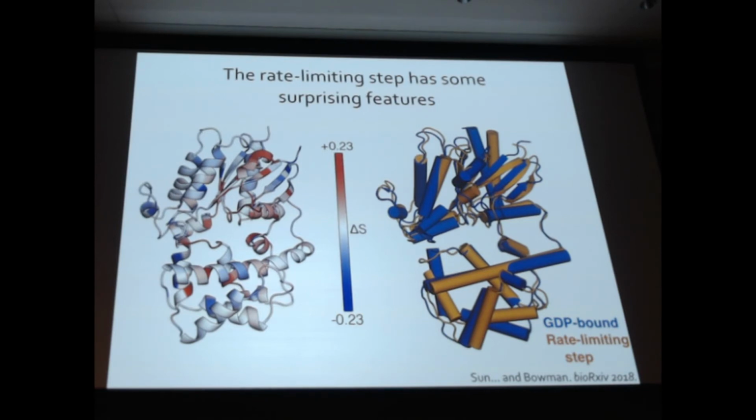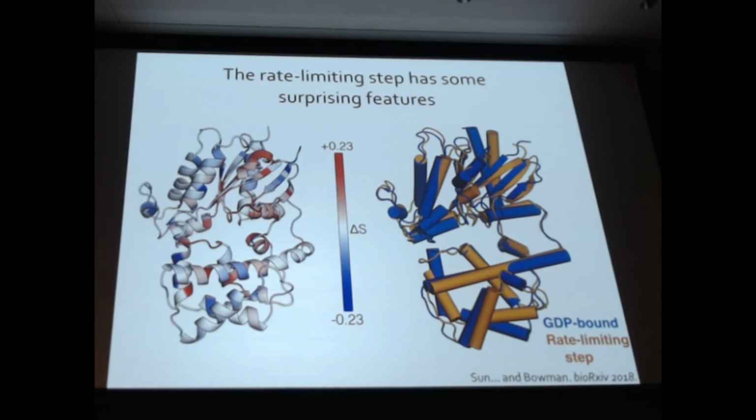The domains don't have to swing all the way out for nucleotide to get in and out of this binding site. And instead of seeing translation of this H5, helix 5, this long vertical guy in the back, we've actually seen it tilting, which is definitely a strong contrast with this standing universal mechanism for G protein activation that people have proposed, which really centers on translation of this helix.